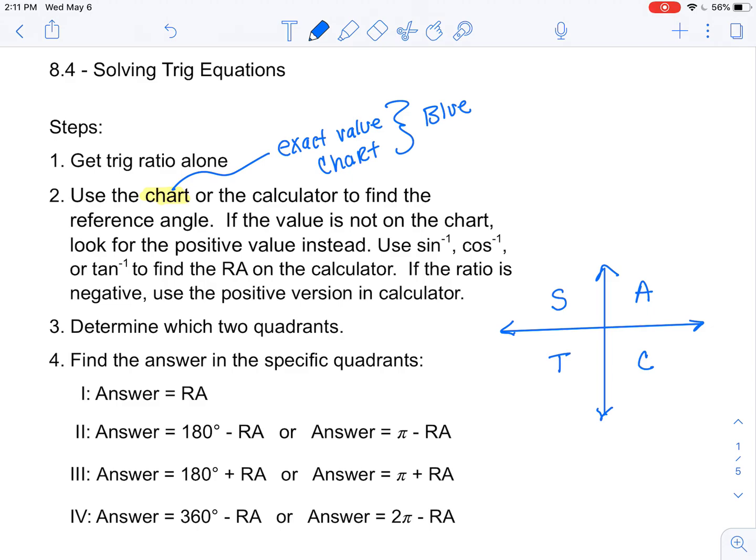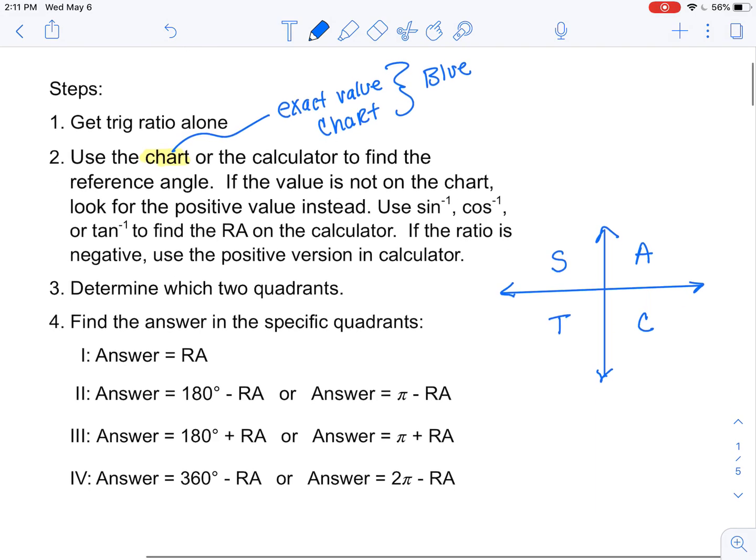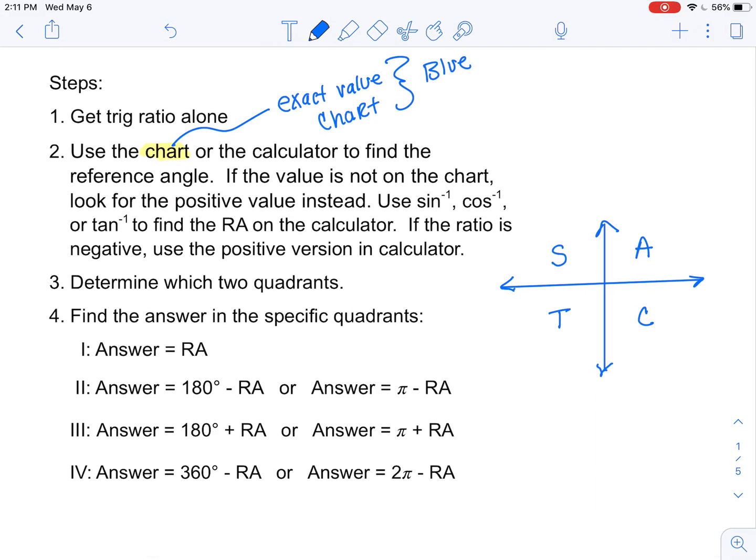Once you know the reference angle and you know which quadrants your solutions are in, then you're going to use these steps here to find your actual solution. If you're in the first quadrant, it's just going to be your reference angle. If you're in the second quadrant, it's going to be 180 minus your reference angle. If you're in the third quadrant, it's going to be 180 plus your reference angle.